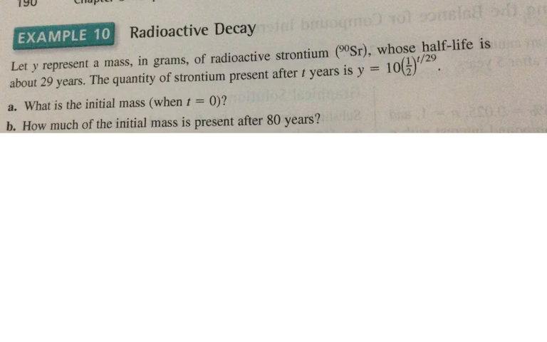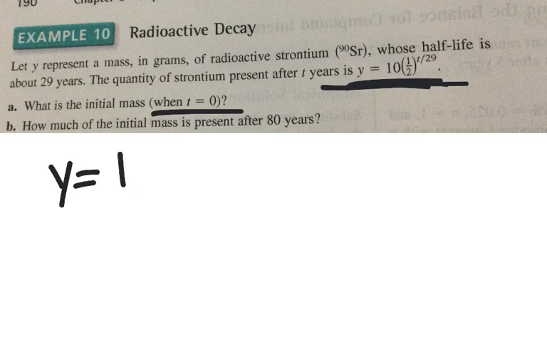So at the very beginning, the initial mass always is when t is 0, right? Because no years have elapsed. So I'm going to plug in 0 for t. That's y equals 10 times 1/2 raised to the 0 divided by 29.